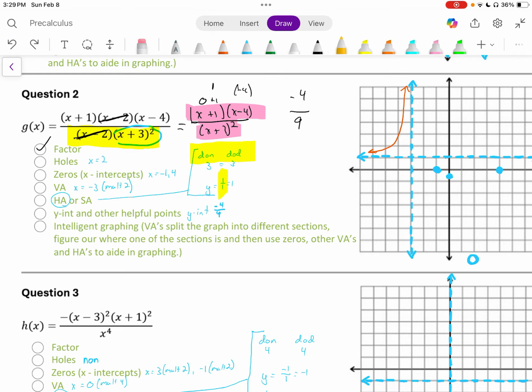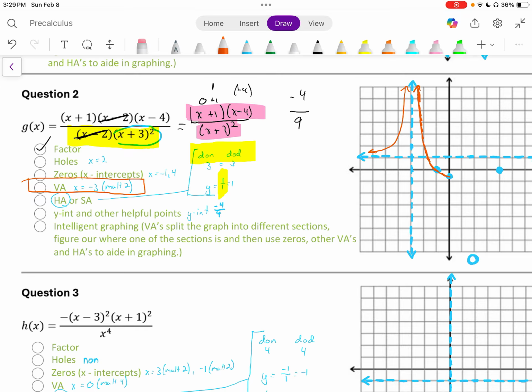So we'll make the rest of our graph orange as well. This vertical asymptote is multiplicity 2, which means these need to go in the same direction. And so it comes down. Remember, we are allowed to cross through horizontal asymptotes. Kind of in the middle of the graph, horizontal asymptotes help us see what happens at the end. So we'll go through here.